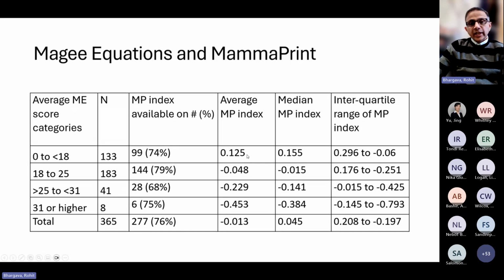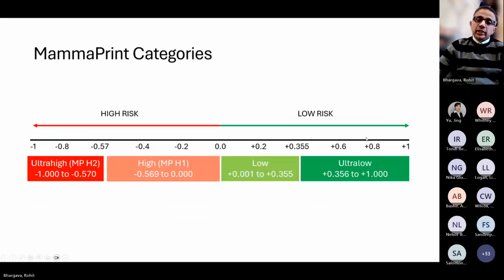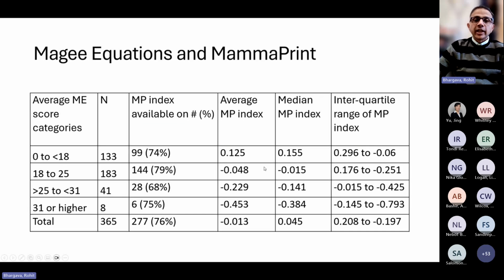And as you can see, the average MP index, if I go back, the positive ones indicate low risk. +1 is the lowest risk and -1 is the highest risk. If you look here, the average MP index is in the positive category in the 0 to 18 category. Within 18 to 25 it just crosses the border of 0. And the interquartile range is in both positive and negative territory.